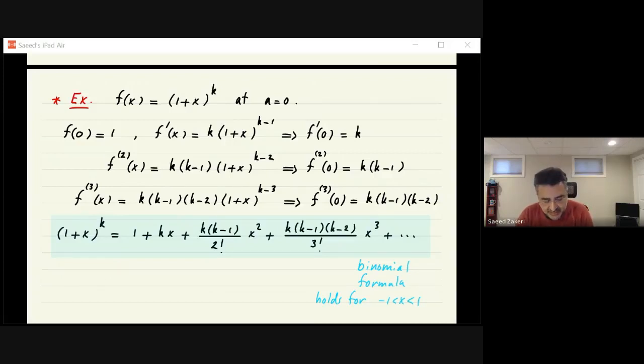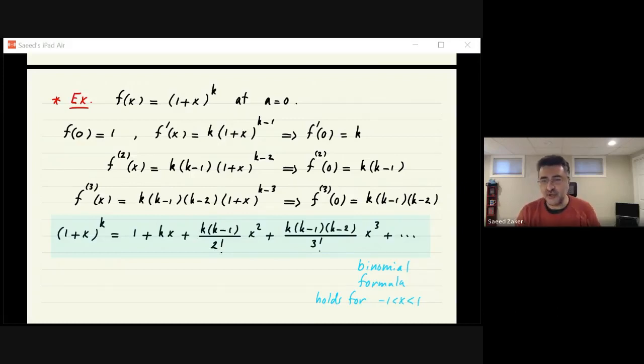And you see, if k is -1, you get 1 minus x plus x squared, because this becomes plus 1. If k is -1, you get -1 times -2, so the top will be 2 divided by 2. You get 1. So it will read 1 minus x plus x squared, and you can see that this will be -1, so minus x cubed and so on. So these coefficients will be +1 -1 +1 -1 in an alternating fashion.